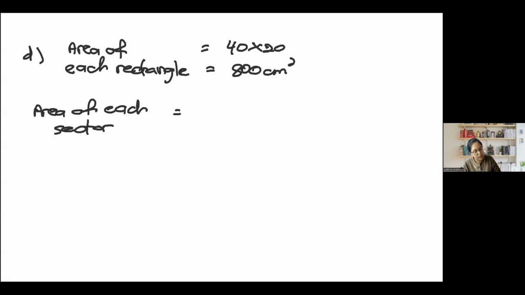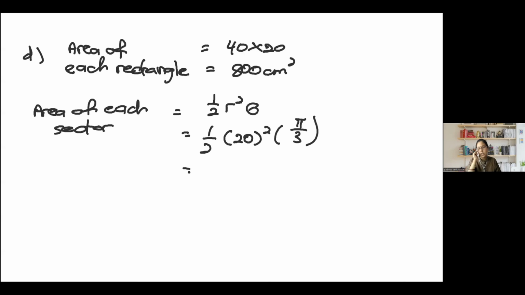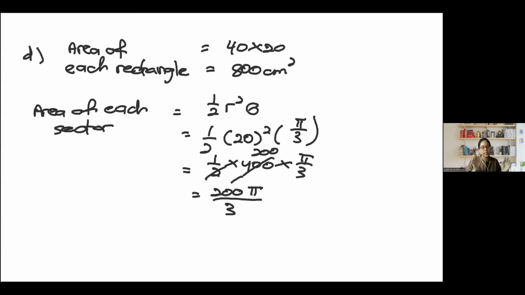That would be half r squared theta. So we get half times r, which is 20, the radius, squared, times theta, which is pi over 3. Remember, when you're using pi over 3, your calculator has to be in radian mode, not degree mode. So please be aware of that. So here you get half times 400 times pi over 3, and if you cancel this, you get 200 pi over 3. So this is the area of each sector.